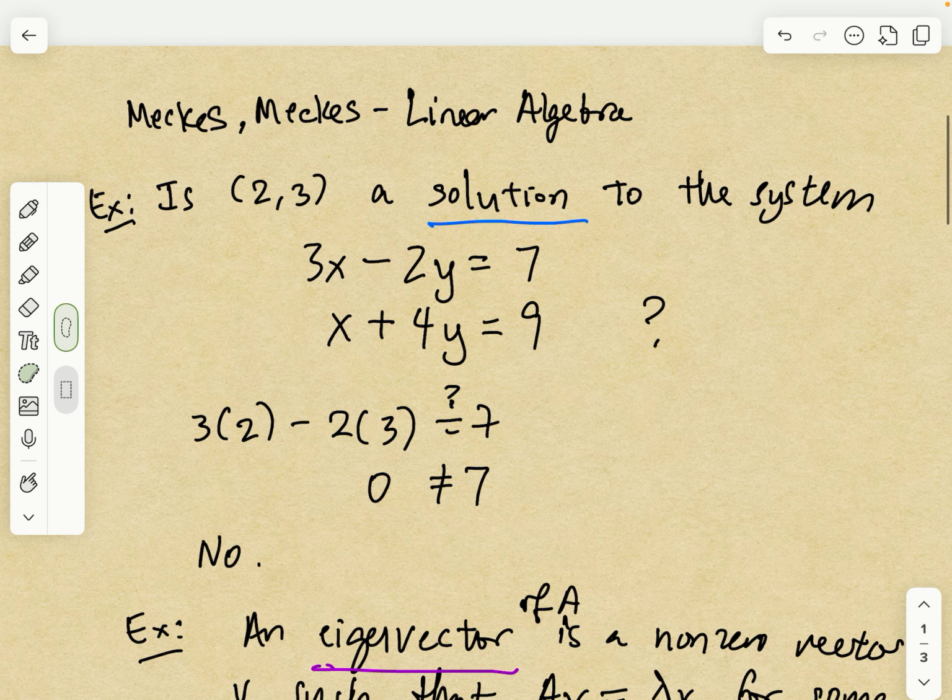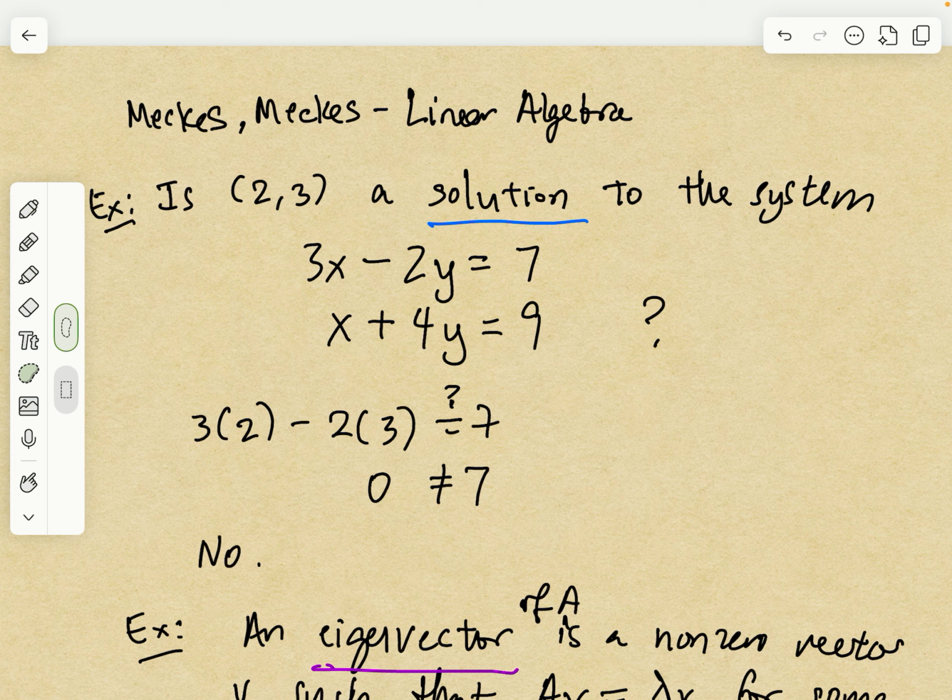Similarly, if you have something like this, is (2, 3) a solution to the system, you don't actually have to solve the system, right? It's just saying when you plug in 2 and 3 into your equations, do they come true? That's all the question's asking. Otherwise, if this system were really complicated, you could be spending forever finding the general solution to the system.